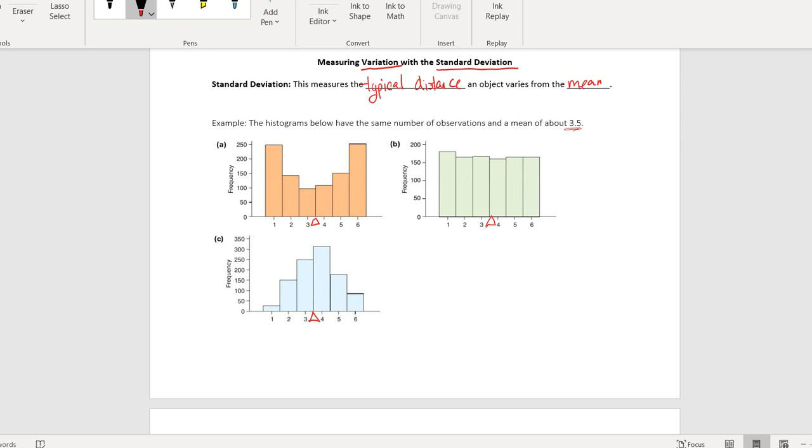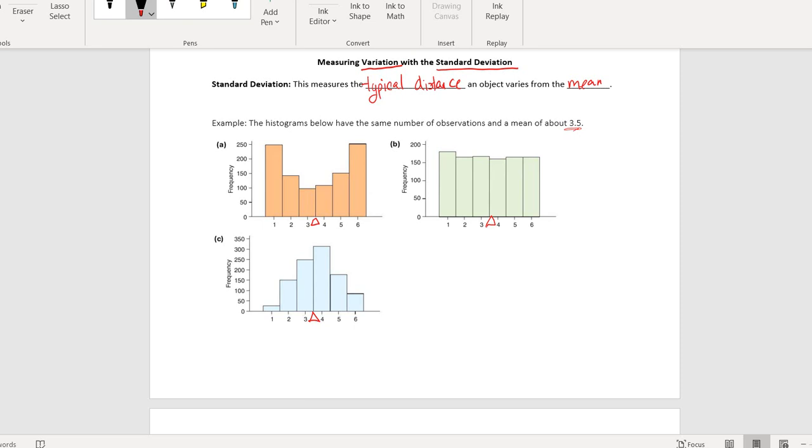That means that most of my data is about 5 whole units apart. Now if we look at C, what I observe is that most of my data, about 350 or more, actually falls around the mean, and I don't have that many falling away from it. So most of my data is only about 1 away from themselves.